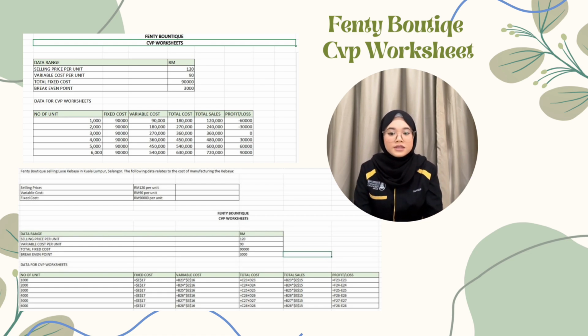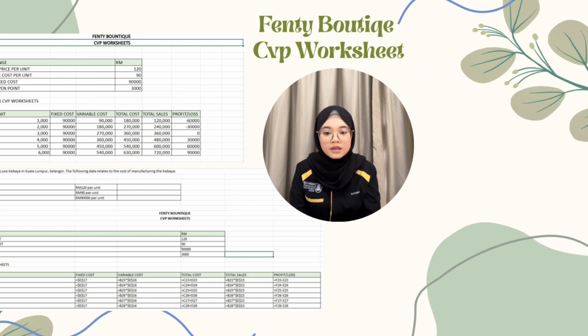Total cost is the sum of fixed and variable costs. Sales are calculated by multiplying units by the selling price, and our net profit or loss is simply total sales minus total cost. With our initial pricing strategy, our break-even point is exactly 3,000 units. Selling anything below 3,000 units results in a loss, while anything above it is a profit.